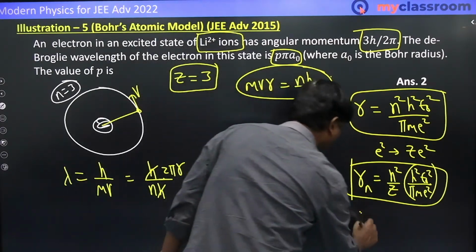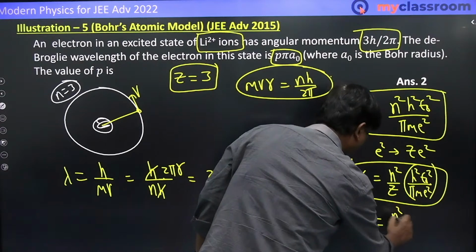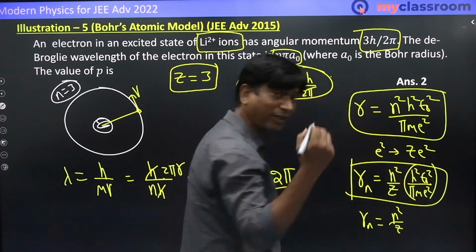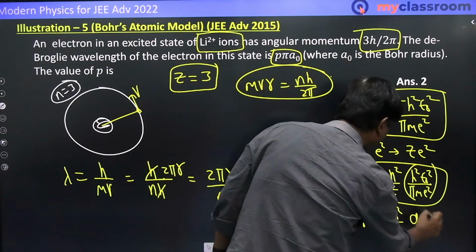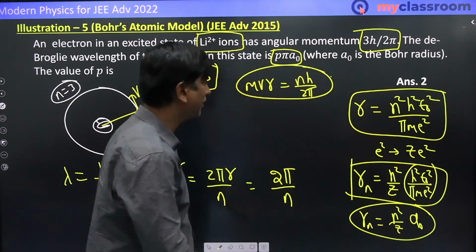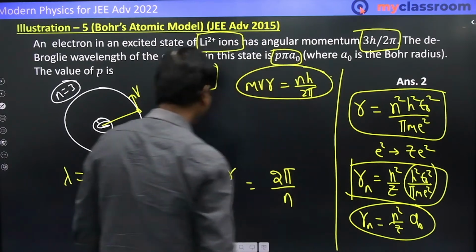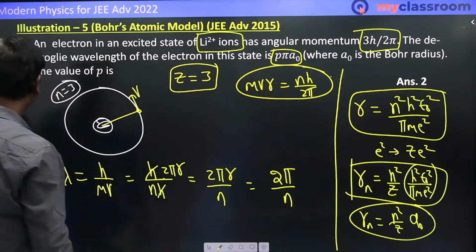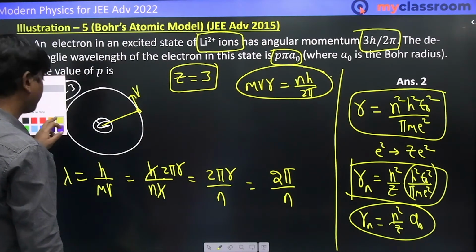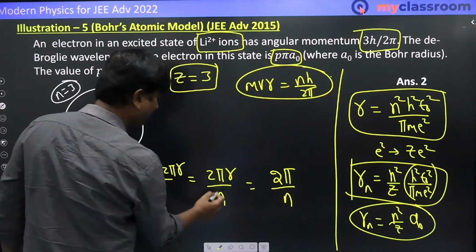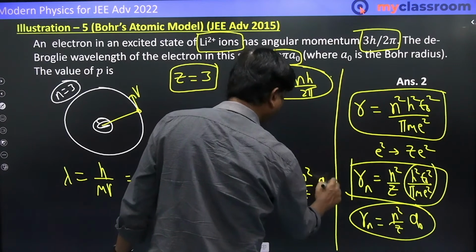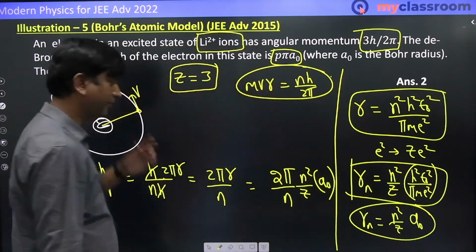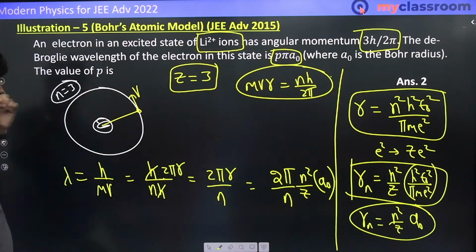So the radius of the nth orbit is equal to n square by Z times the radius of the first orbit. And the radius of the first orbit, according to this, is a naught for them. So I am putting that: 2 pi by n, and the radius of the nth orbit is nothing but n square by Z times the radius of the first orbit, which is a naught. Now n is what? 3.